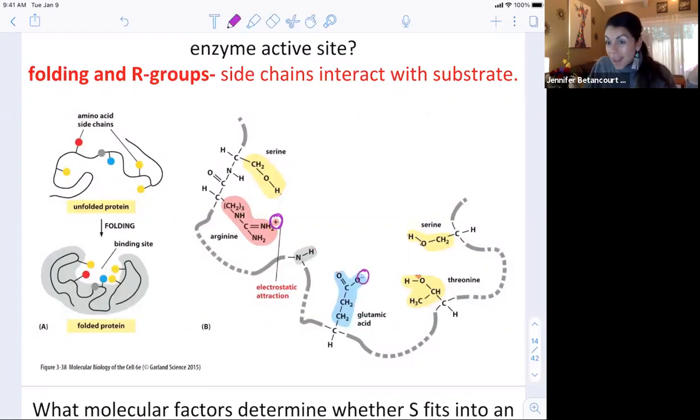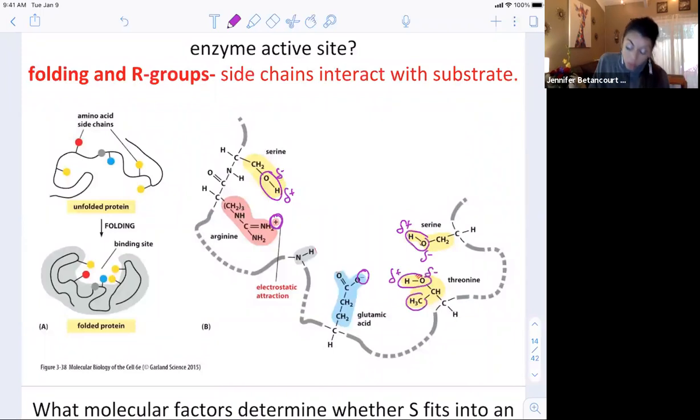And so you can already guess what could interact there. I don't even need to tell you. This is a hydroxyl group, so this is partial positive, partial negative. This is also a serine, so it's the same story here and here.